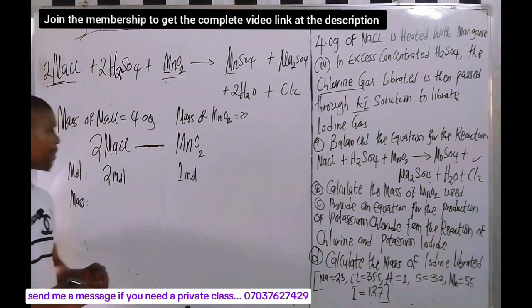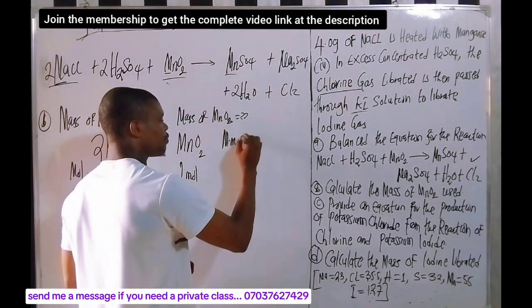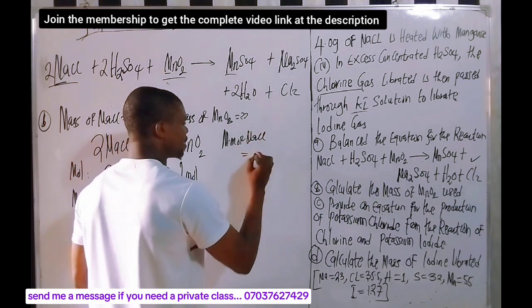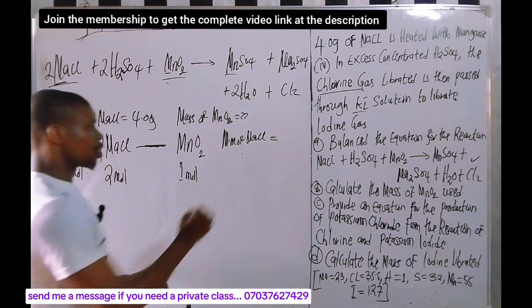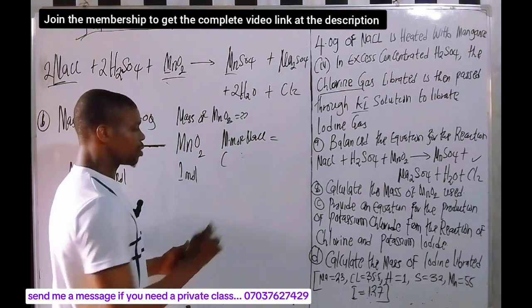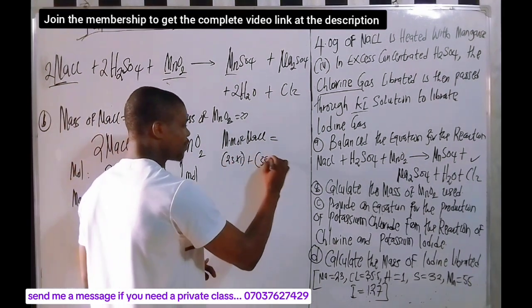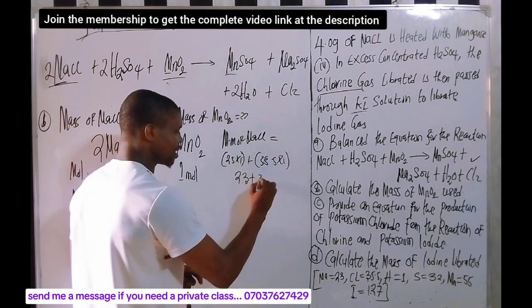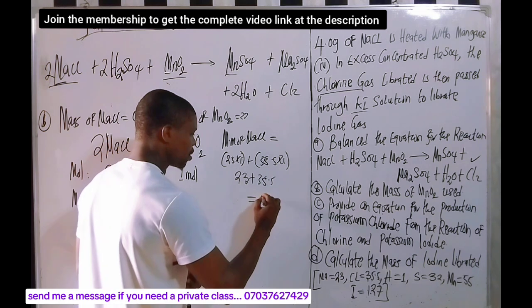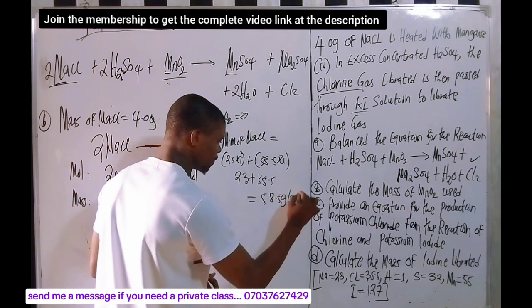So how do I calculate the molar mass of NaCl? It's the atomic mass of sodium, which is 23 times 1, plus 35.5 times 1. So 23 plus 35.5 gives 58.5 gram per mole. Do you understand?